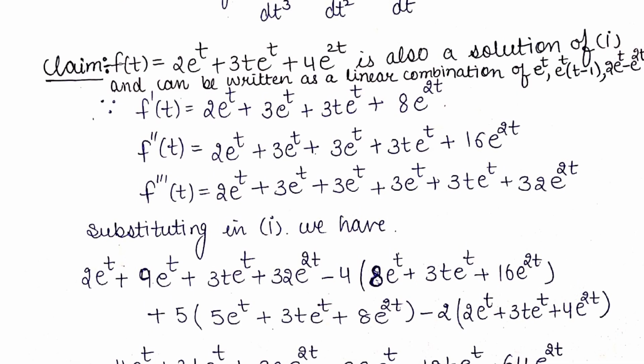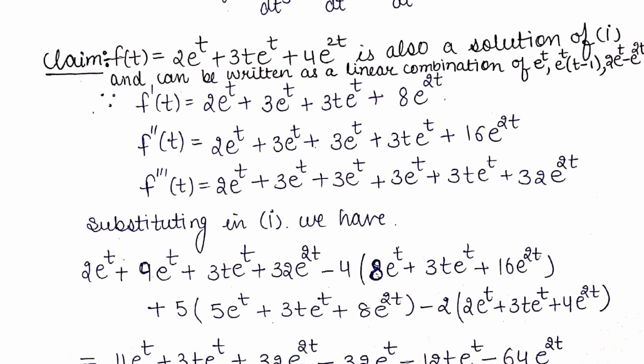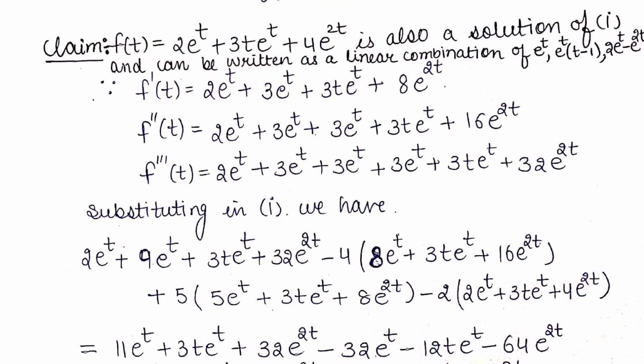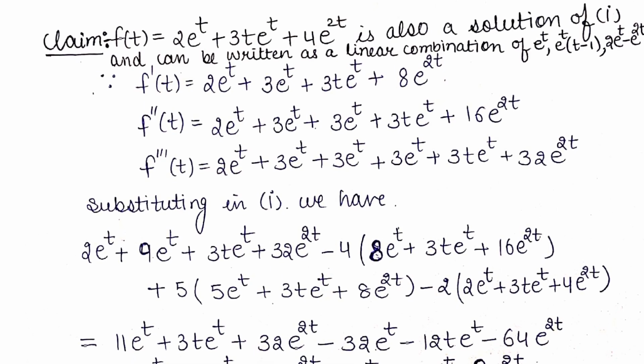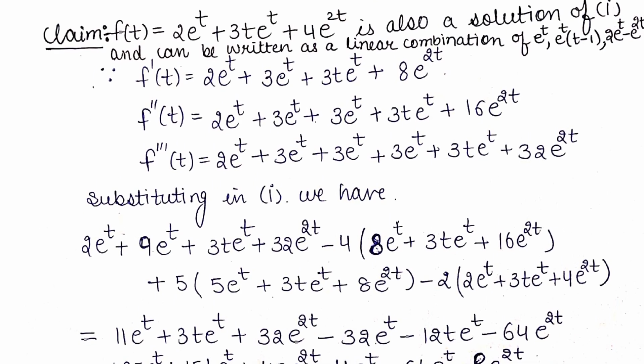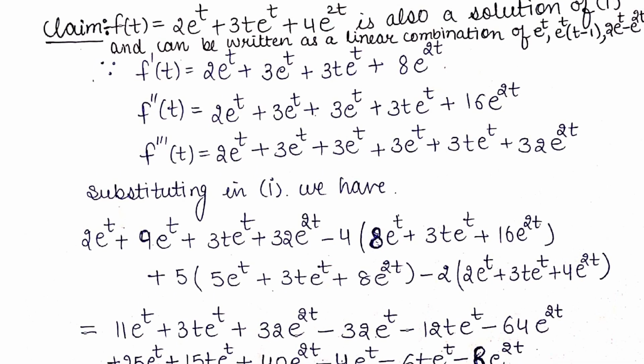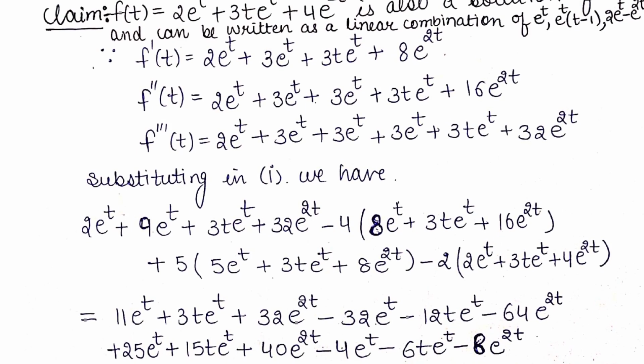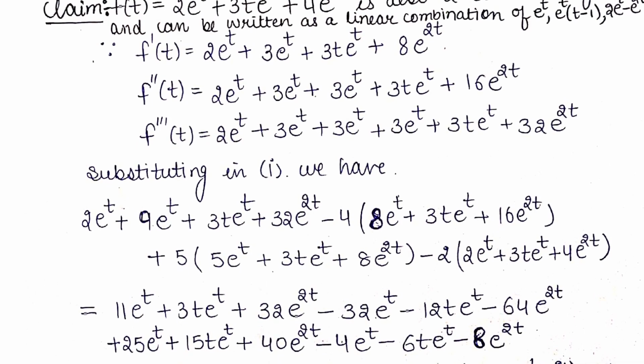So if you make the combination as 13e^t plus 3e^t(t minus 1) minus 8(2e^t minus e^2t), then you can check this combination where I have taken C1 as 13, C2 as 3 and C3 as minus 8.